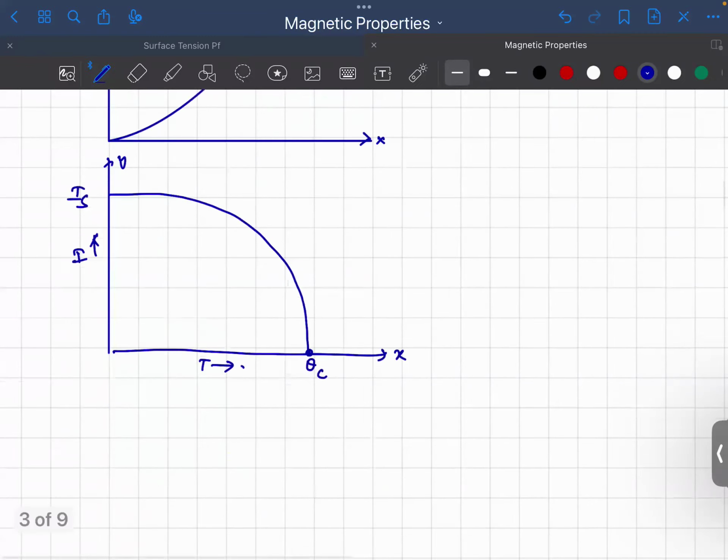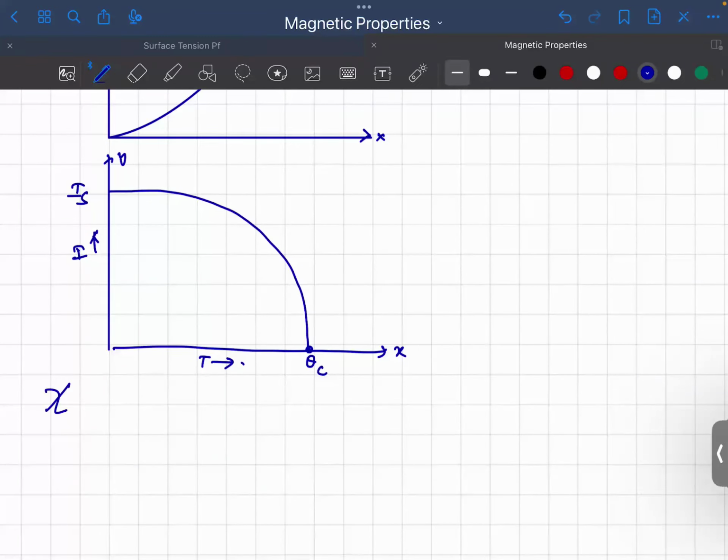Next, its susceptibility is very large. Believe me, it is of the order of 10 power 3 to 10 power 5, very large. And this varies with the temperature.